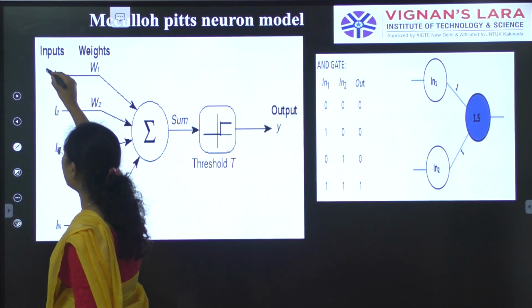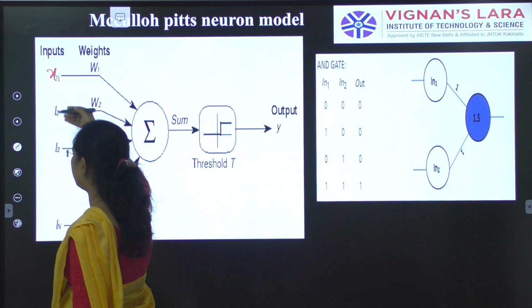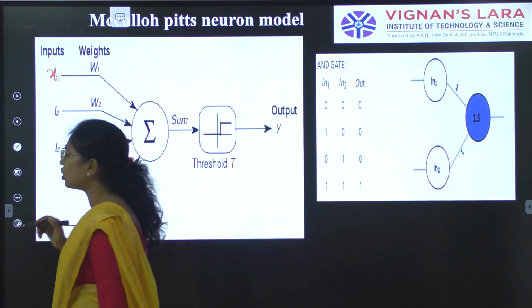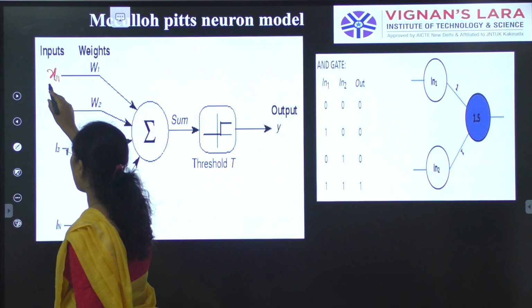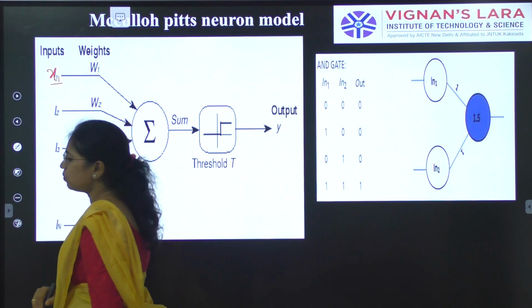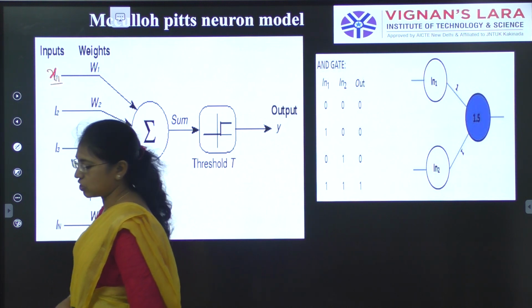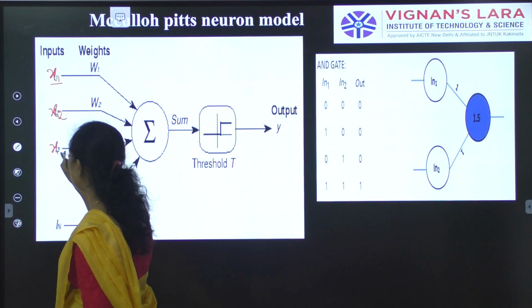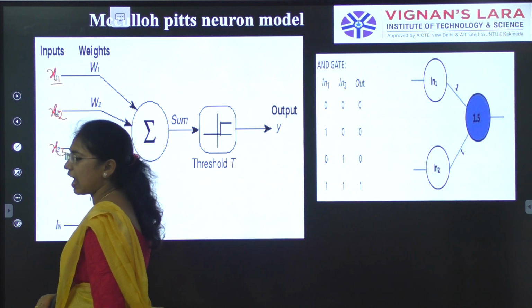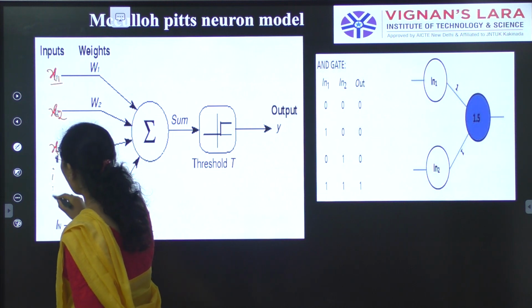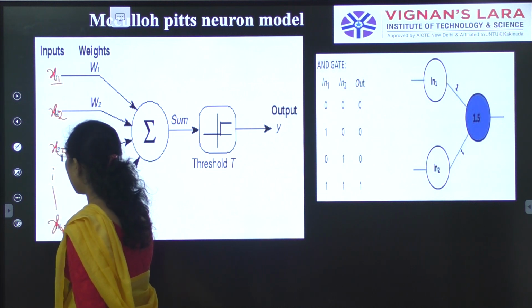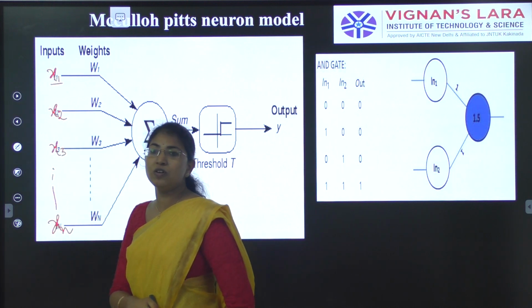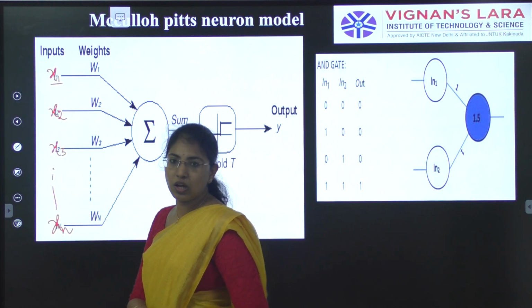We can write with X or we can represent with I also. In general it is represented as X. First input is represented as X1, second input as X2, third input as X3 and so on. Let us consider Xn, the n inputs for this neuron model.